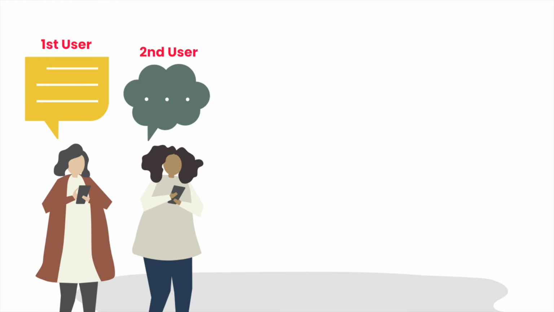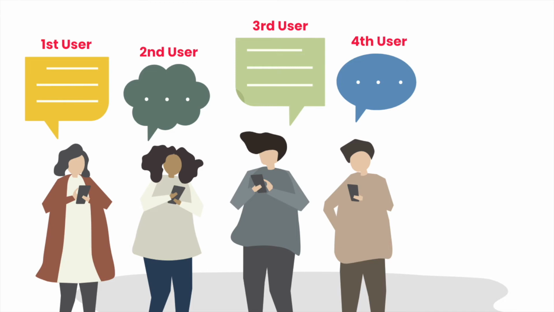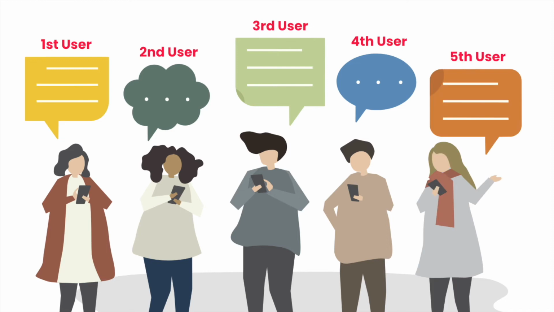When I tested it with the third user, they gave me some similar feedback to the first user and some from the second user. And then I tested it with the fourth user. Then the fourth user gave some similar feedback and one new thing. And then I tested it with the fifth user. Then the fifth user did not say anything new. He gave the same feedback which all four provided.